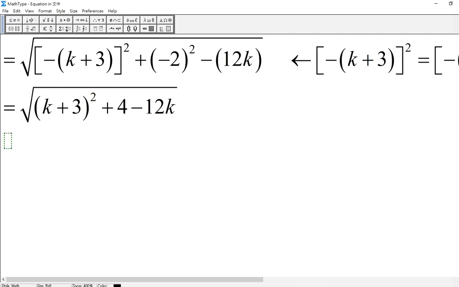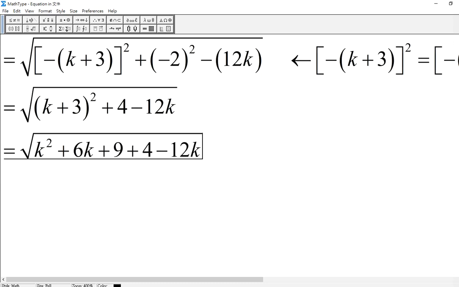So the third step is you can expand this: (k plus 3) bracket squared becomes k squared plus 6k plus 9, plus 4 minus 12k. And you will see that positive 6k minus 12k is just negative 6k, and the rest of the terms remain unchanged.